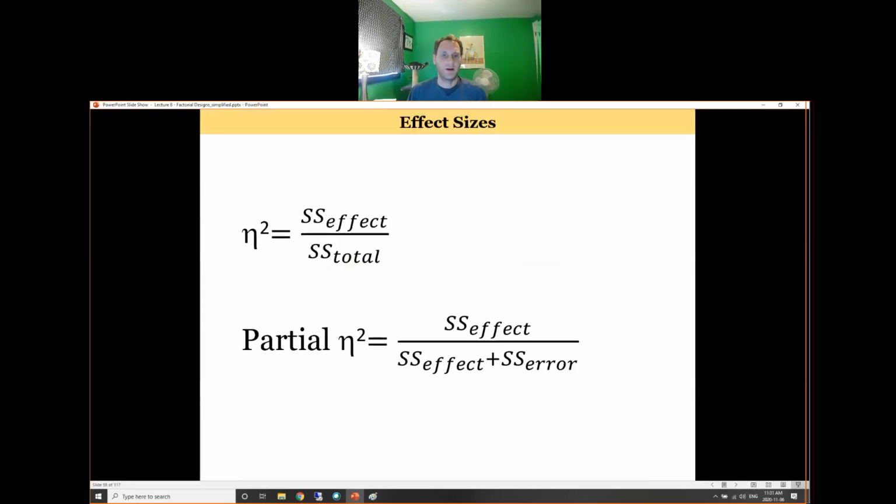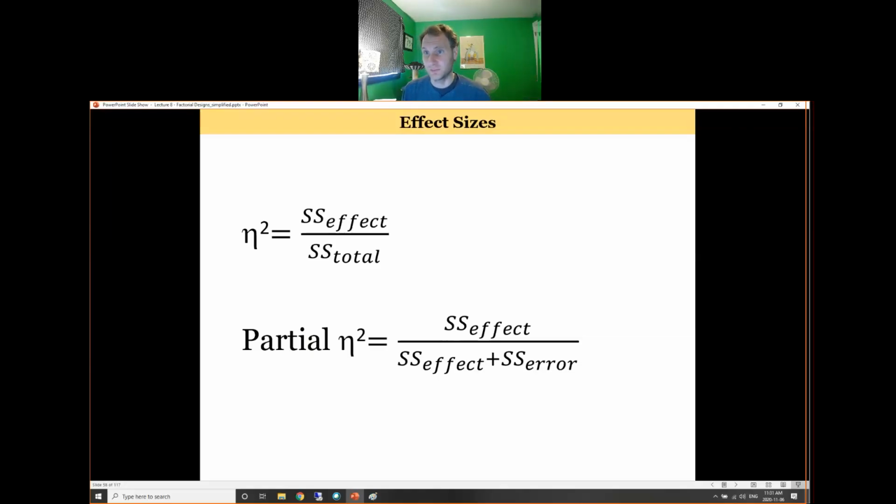Recall that our eta squared is just our sums of squares effect over our sums of squares total. Our partial eta squared is only the effect that we're interested in plus the error. So it doesn't include the sums of squares from the other factors, right? With a one-way ANOVA, we only had one factor, so it didn't matter.